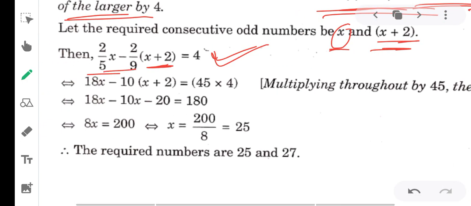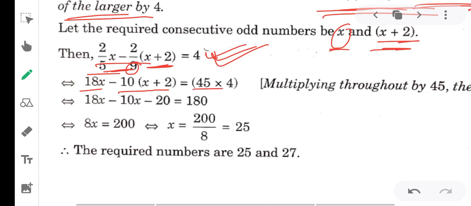LCM of 5 and 9 is 45. Okay, so 45 divided by 5 is 9. So 9 into 2, 18x, minus 45 divided by 9, that is 5. So 5 into 2, 10. 10 into x plus 2, and the denominator 45 will be multiplied by 4.